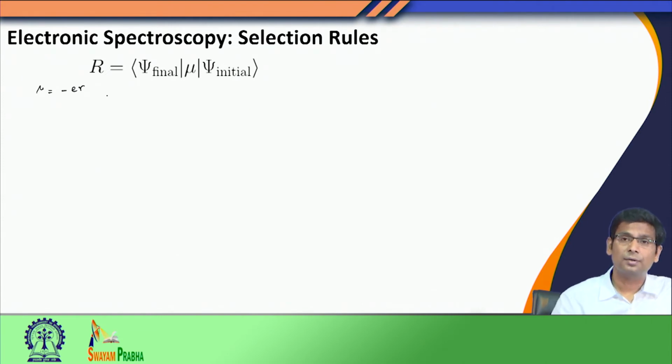Now, we have already discussed in case of vibrational spectroscopy, the selection rules are obtained from symmetry argument, which says that those kinds of transitions are allowed when the direct product of these components in the transition dipole moment is totally symmetric with respect to all symmetry operations of that group.